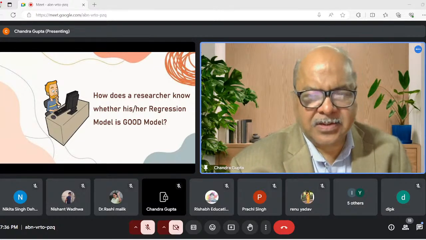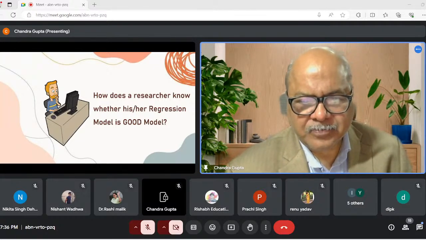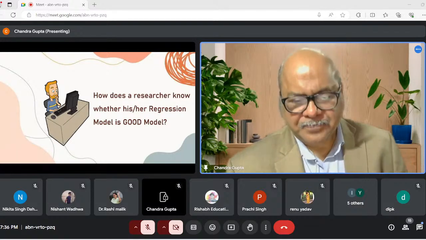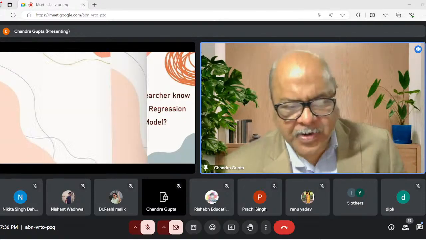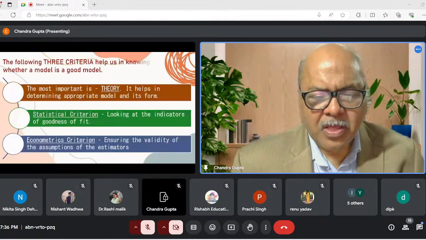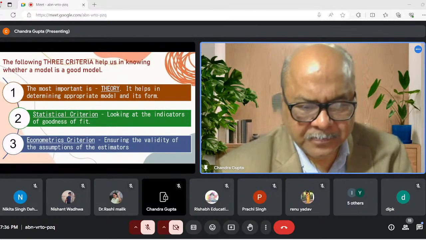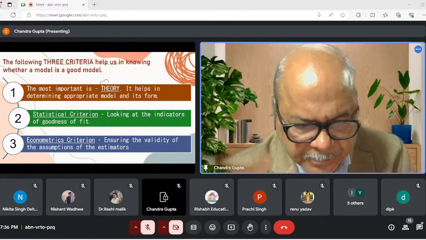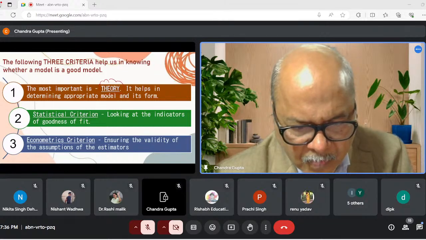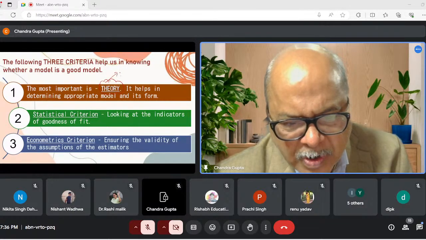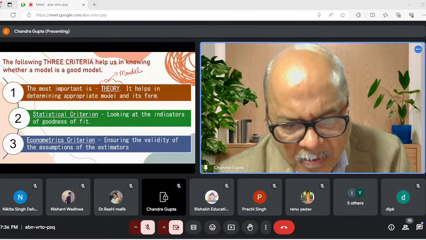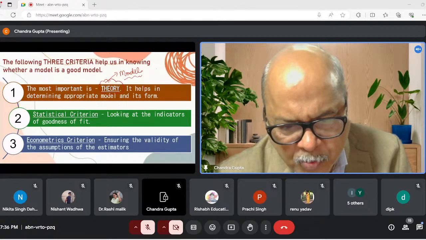It makes a sense. How do we know it? So for that we have criteria. The most important criteria is theory. Whatever model you are making should get a support from theory.